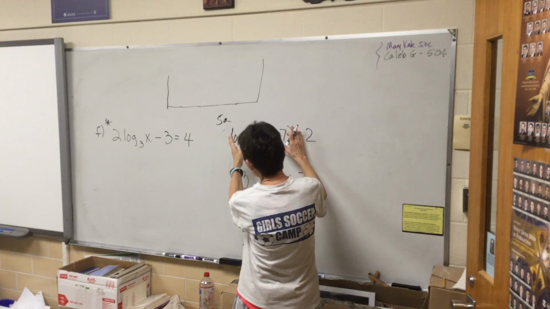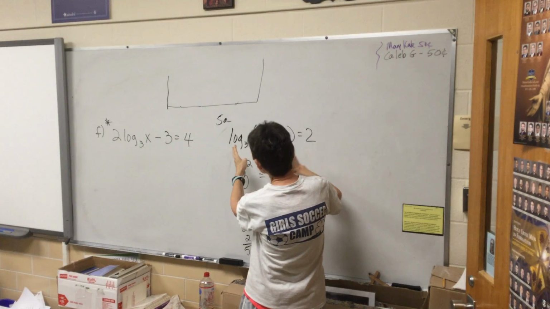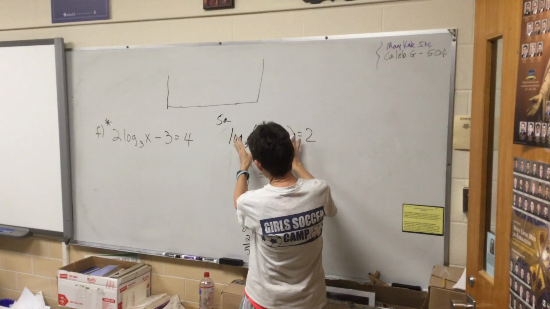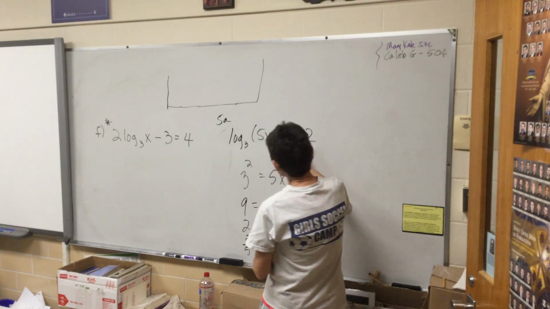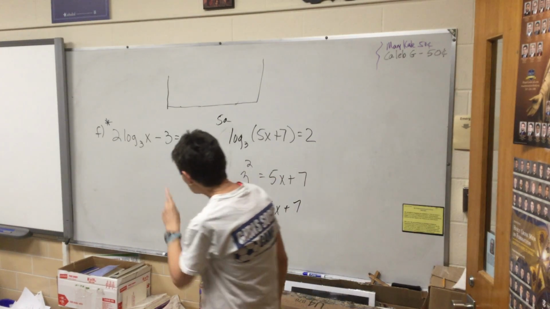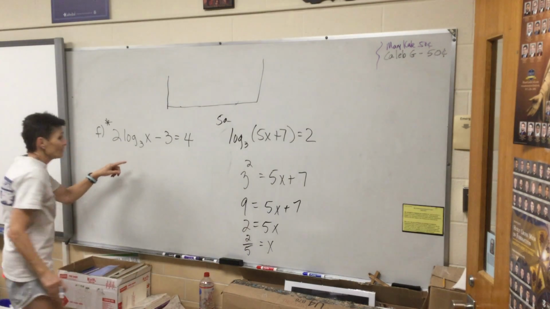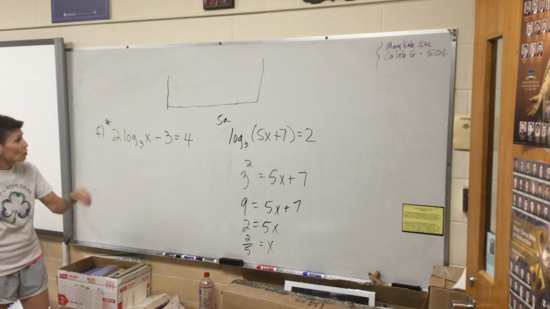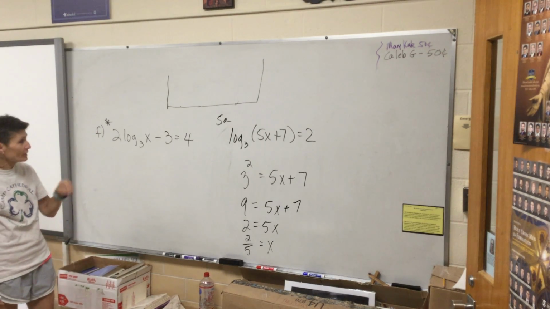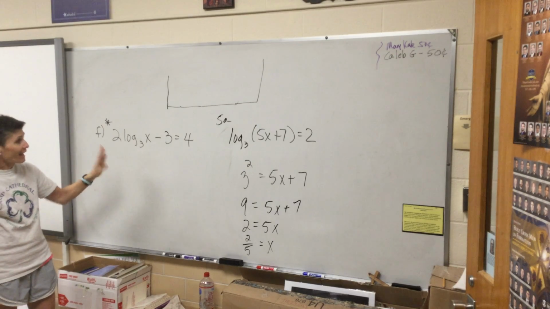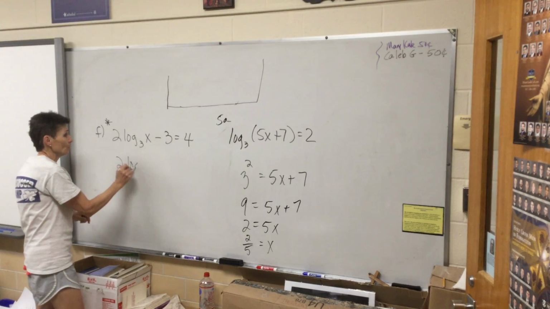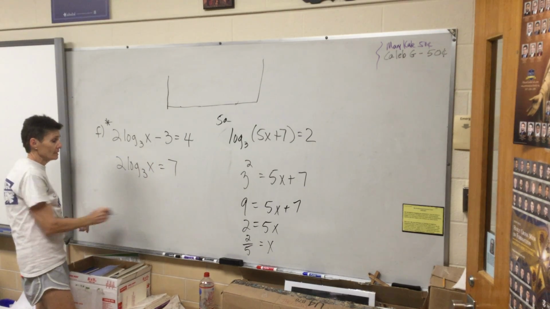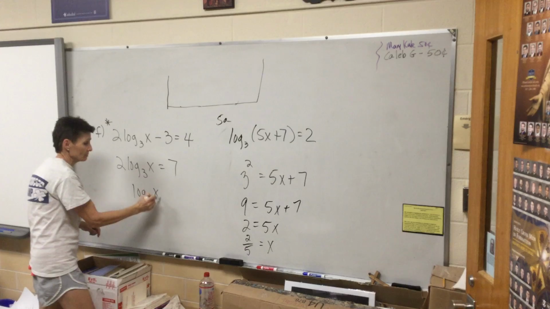There is nothing extra added onto it or multiplied by it or anything. So when the logarithm is by itself, we go straight to the loop-de-loop step. For F, the logarithm is not by itself, so we got to get it by itself. Eventually, you're going to loop-de-loop, but not until you add the 3 and divide by the 2.